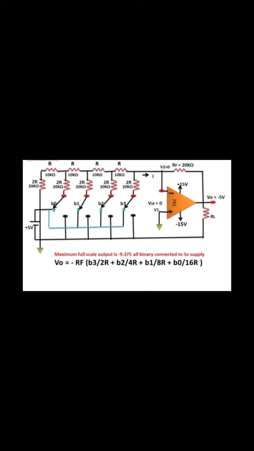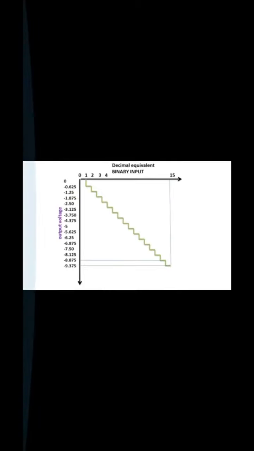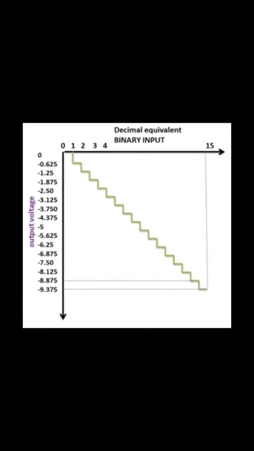Hence as the number of binary inputs is increased beyond 4, both D to A converter circuits get complex and their accuracy also degrades. Therefore in critical applications, an integrated circuit specially designed as a D to A converter should be used. So this was a graph for the same.